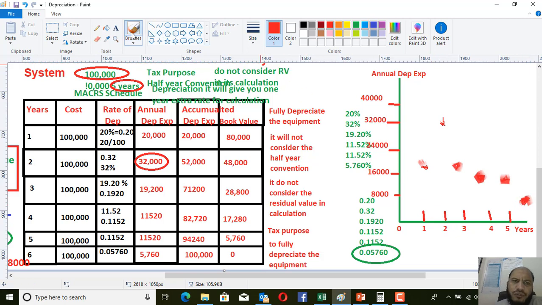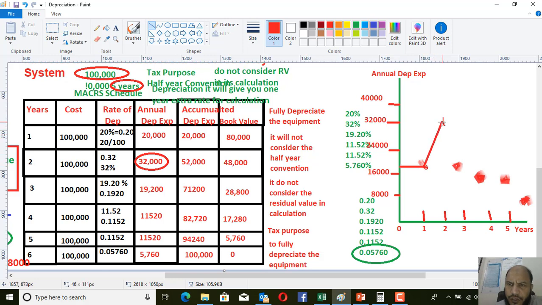So see, dear students, now let's connect all of these with one another. Consider we have the first year 20,000, the amount of depreciation for year 1. And then again we have 32,000.